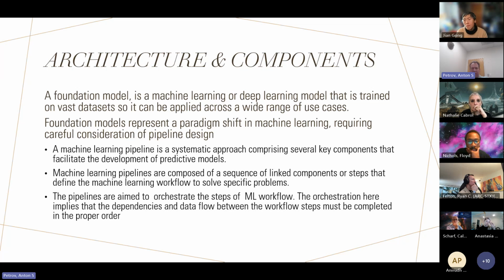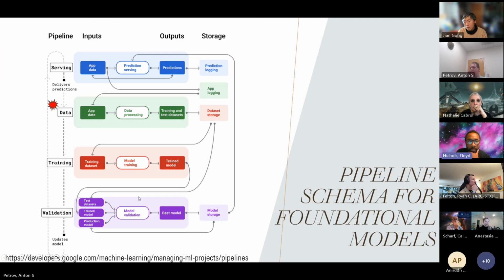Let me introduce the overall schema for the machine learning pipelines here, and then the rest of my talk will be covering more specific components of this schema. The pipeline begins with data collection, data processing, pre-processing, and then training.